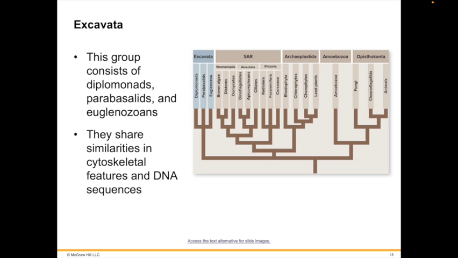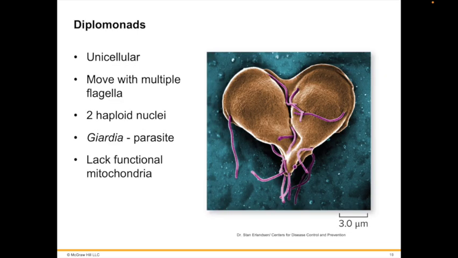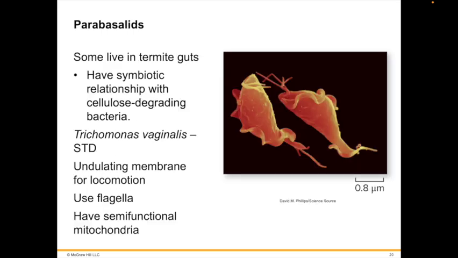So let's get to our first group, the excavata. So to be brief, diplomonids lack functional mitochondria. Diplomonids are unicellular. They move with flagella and have two haploid nuclei. Parabasalids have undulating membranes.